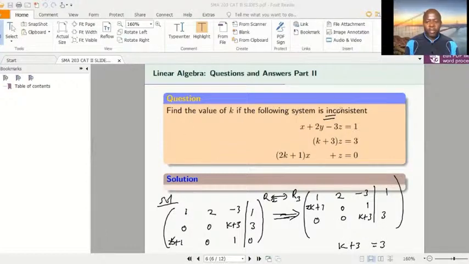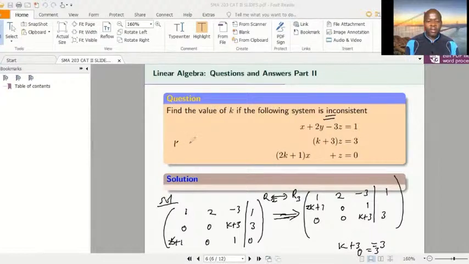Now, for this system to be inconsistent, that means to lack solutions, we need to have the left side being 0. We need something like 0 is equal to 3. So the question is, how do I get a 0 if I have K plus 3?